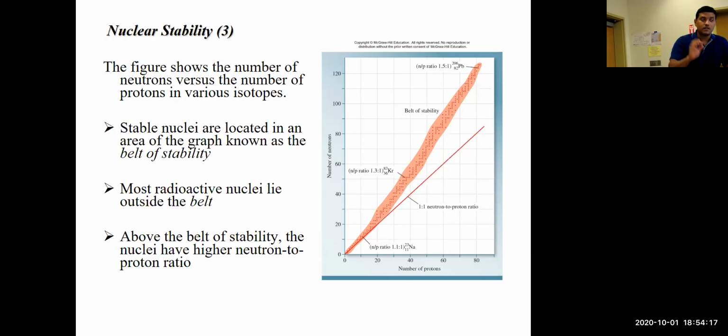That's why you see this trend: for number of protons from 1 until 82 that we are discussing, the ratio between neutron and proton is deviating from a 1-to-1 ratio. This is the line showing a hypothetical 1-to-1 ratio between neutron and proton. However, it deviates from it greatly as you start having more protons in the nucleus.